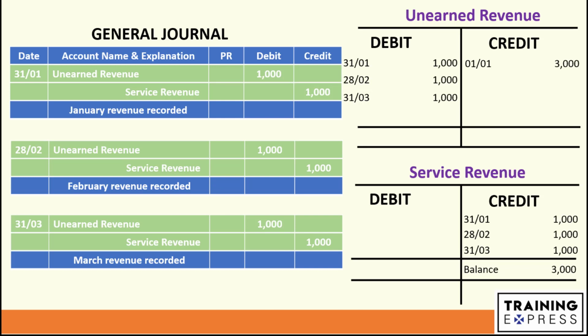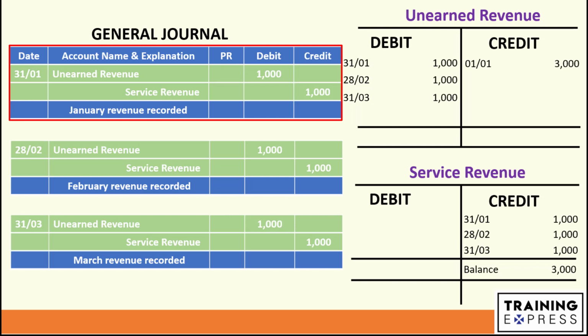Now let's see how we can record adjusting entries for that unearned revenue. As you know, we assumed that we will be performing $1,000 of services every month. So it means we will be earning $1,000 of revenue every month for 3 months. Let's look at our first adjusting entry on 31st of January. We will debit unearned revenue by $1,000 and we will credit service revenue by $1,000.